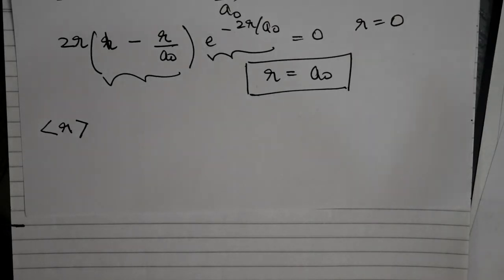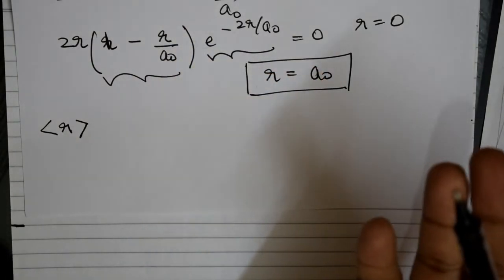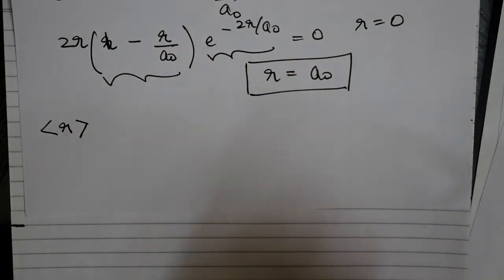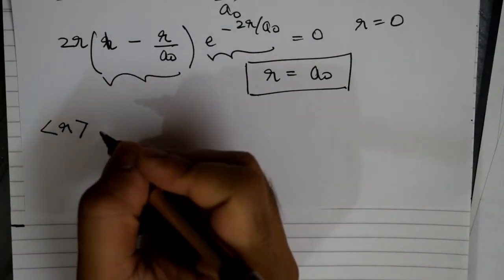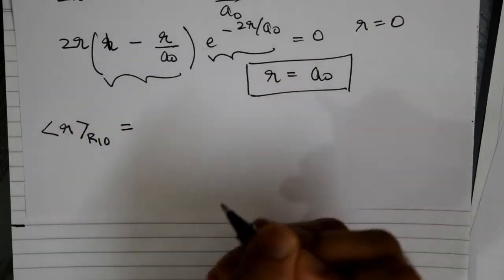You realize that the RMS velocity, the most probable velocity and the mean velocity are all different, which is because you have v square times e power minus alpha v square as a function, which is asymmetric. You have something similar here. You have r square times e power minus alpha r that we are plotting. So it would be quite interesting to determine the expectation value of r.